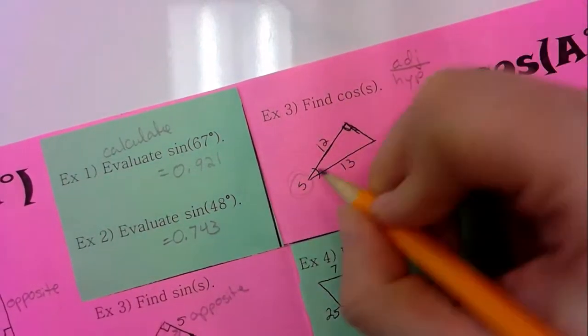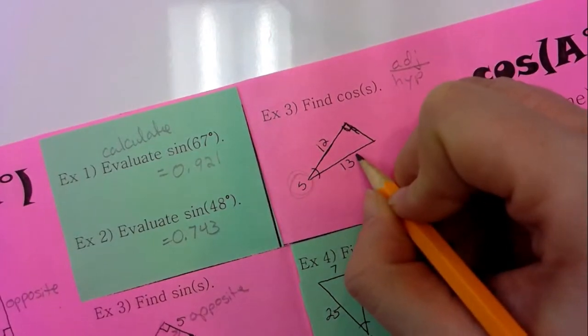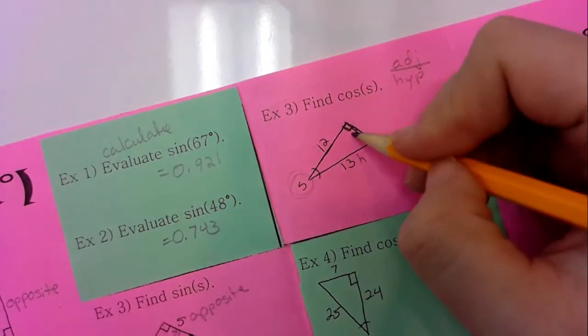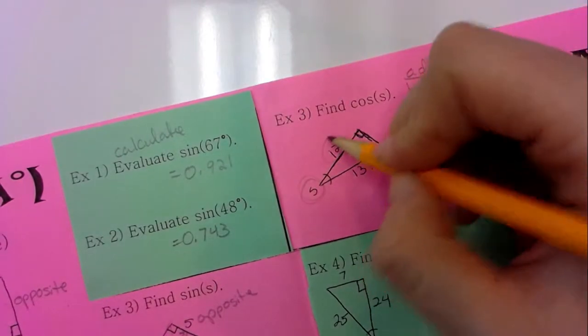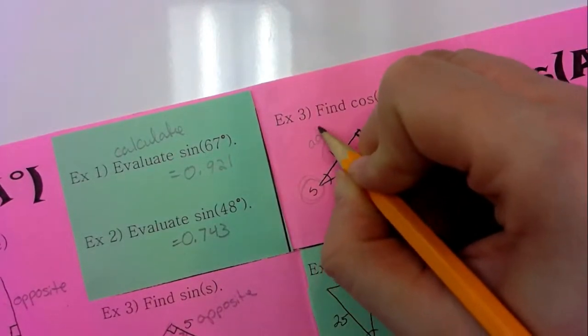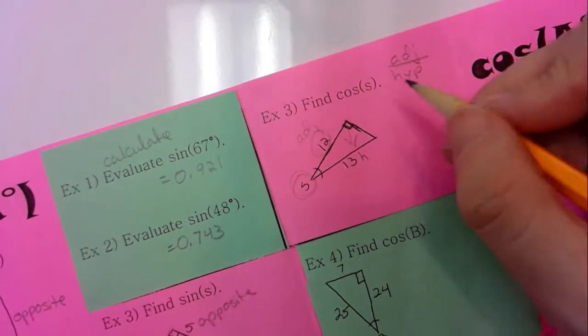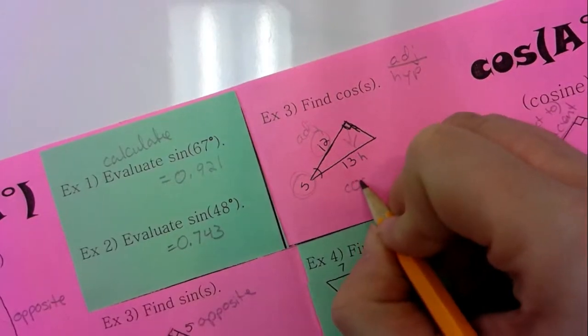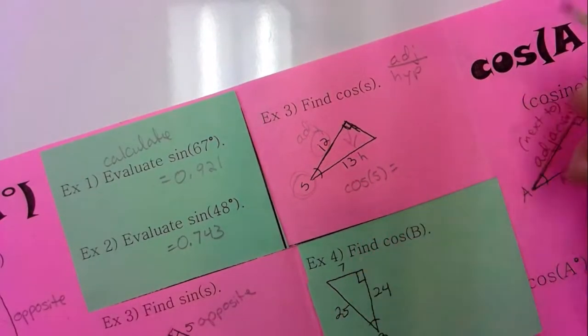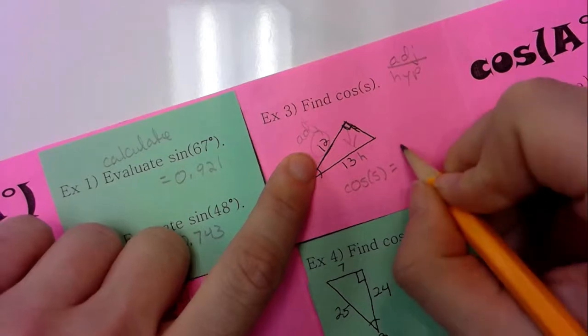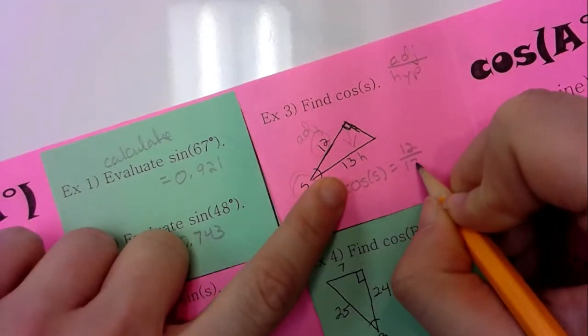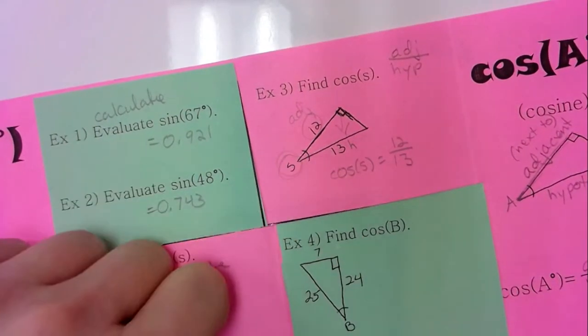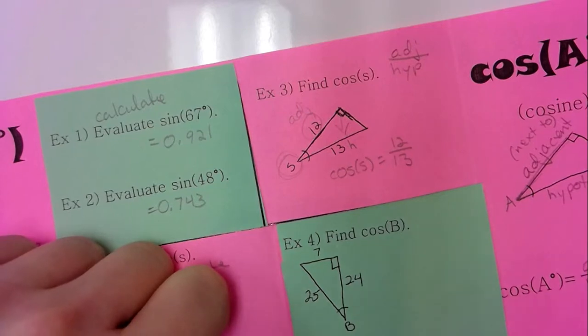First figure out if this is angle S, this must be the hypotenuse because it's across from the right angle. And this must be the adjacent side. So I'm just going to say cosine of S equals adjacent, which is 12 out of 13. And that was all there was to it.